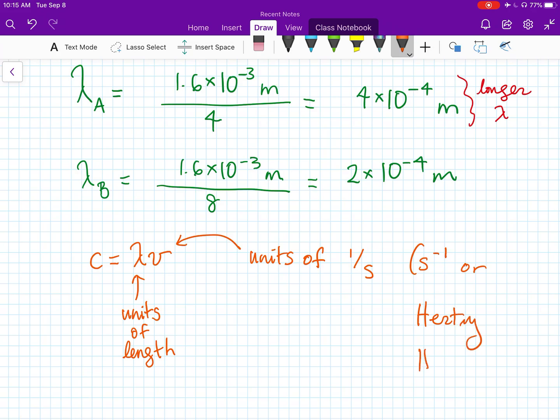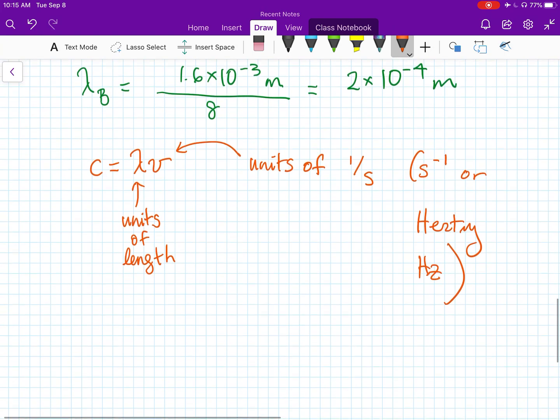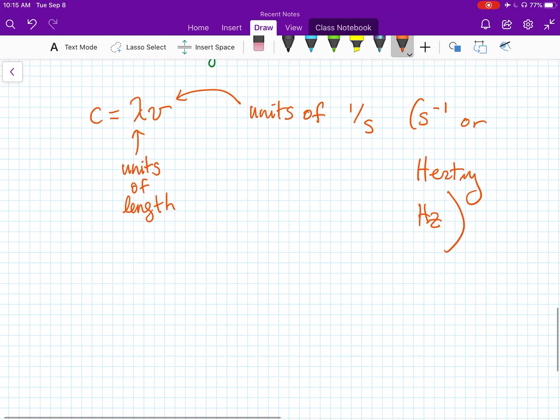Hertz is abbreviated with an Hz. 1 hertz is 1 per second. So sometimes you'll see megahertz. 1 megahertz is equal to 1,000,000 seconds to the negative 1. Okay, so you might have seen that. Megahertz is what the FM radio waves are measured in.